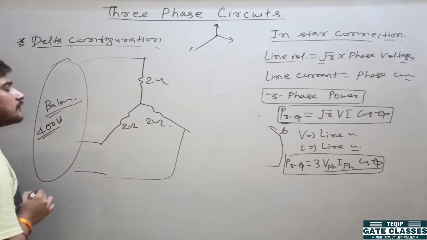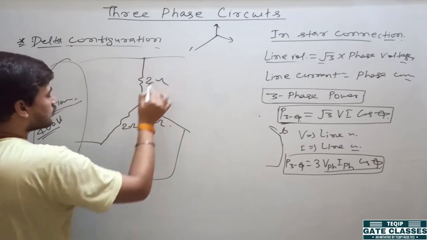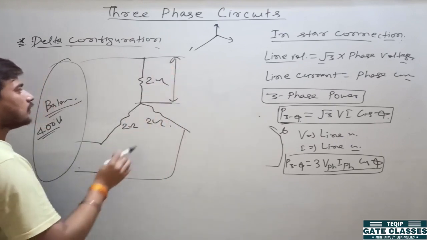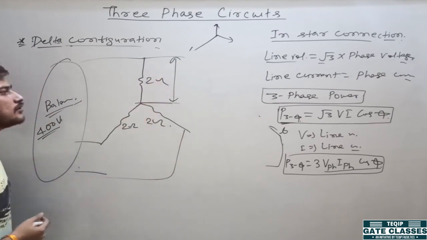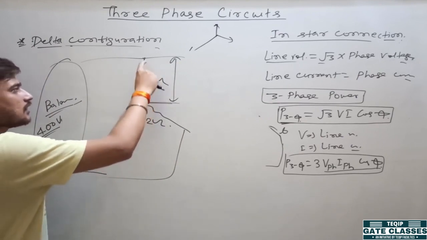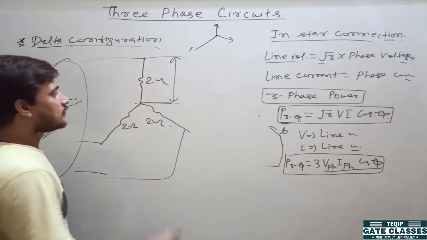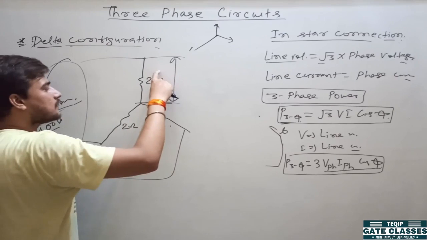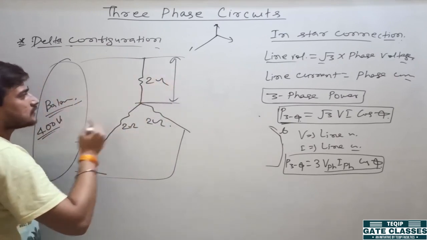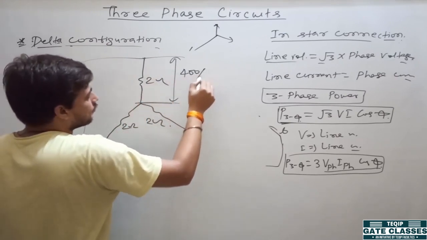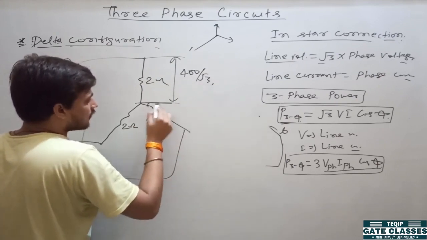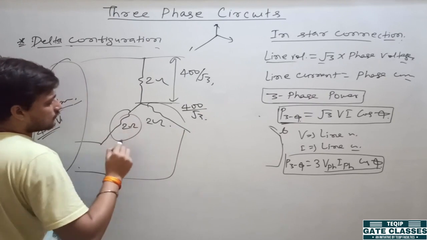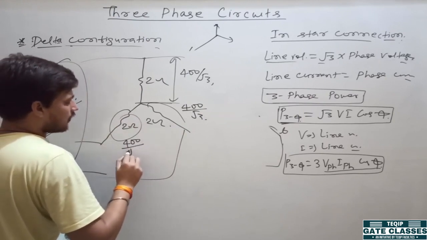So now if they are asking you to find the voltage across these 2 ohm resistors, what will you write? See, this is neutral and this is line. So here the phase voltage will be equal to 400 by root 3. Similarly here you write 400 divided by root 3. Here also you write 400 divided by root 3.